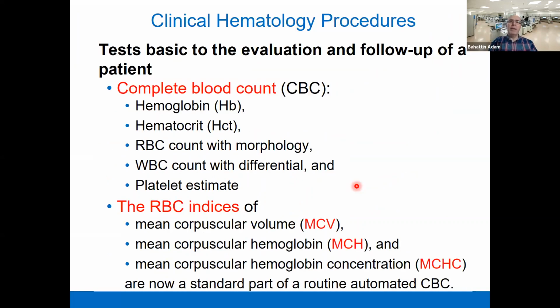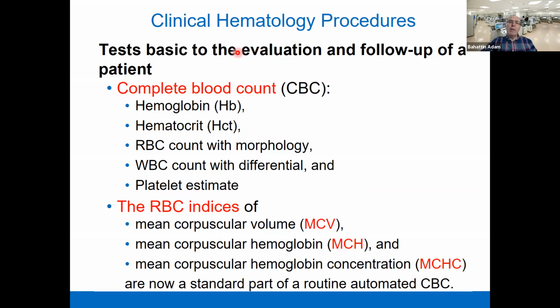Now, the tests basic to the evaluation and follow-up of patients. The most common test that we are performing is the complete blood count, also known as CBC. I am sure you are familiar with that. CBC is the most common laboratory test in the department of clinical hematology.